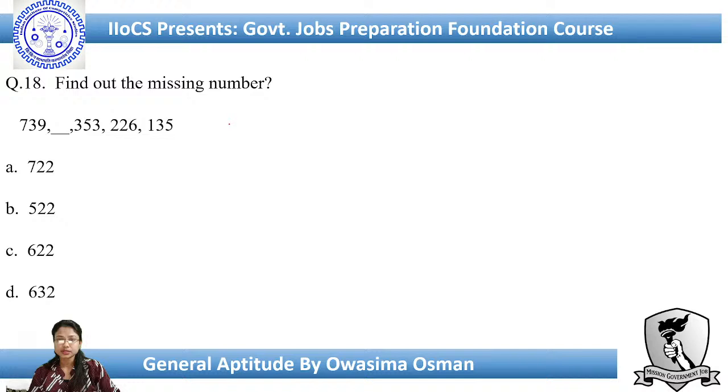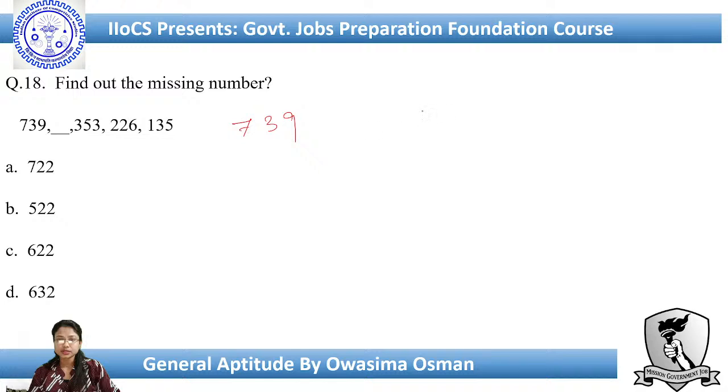Our next problem is 739, and you have to find out the missing number after 739, and then 353, 226 and 135. So this question is a little complicated compared to the previous questions.